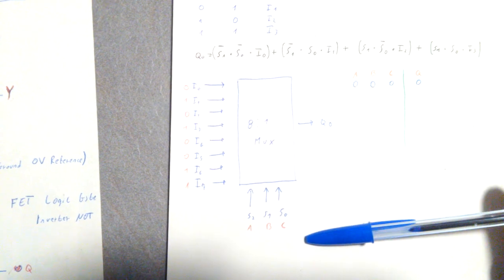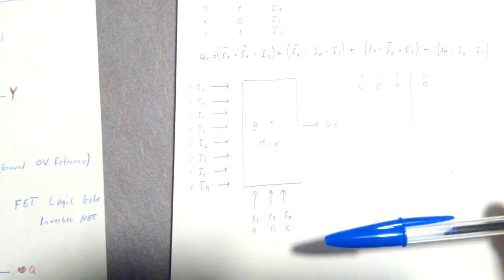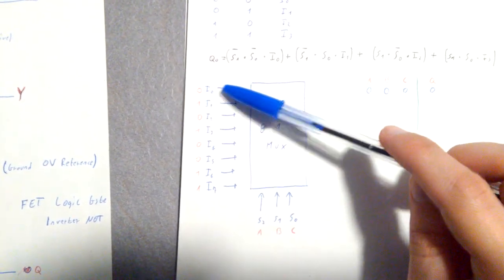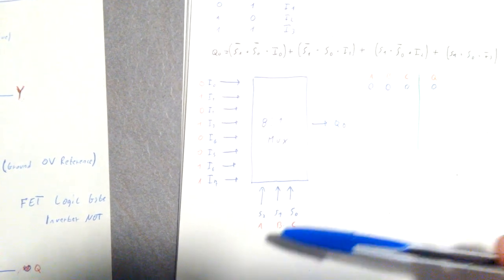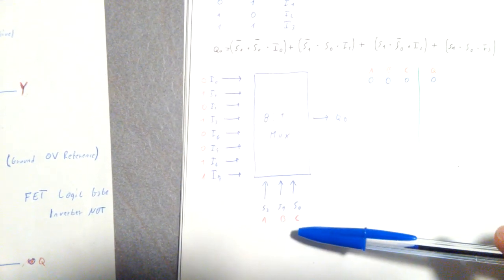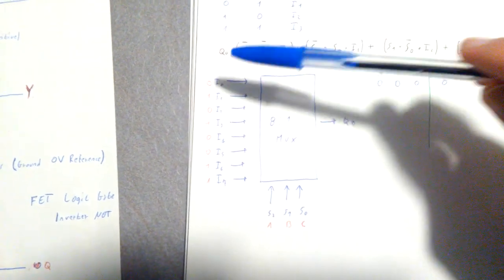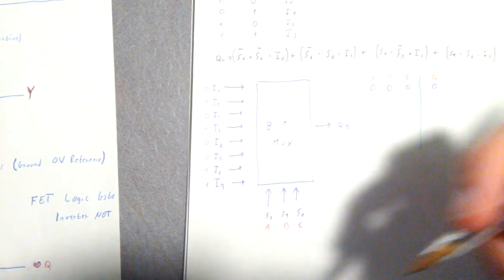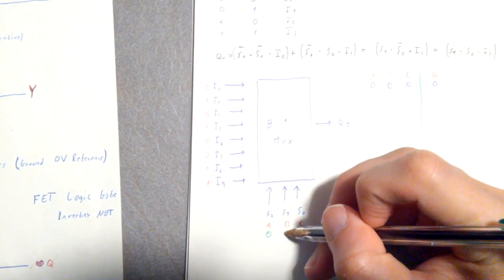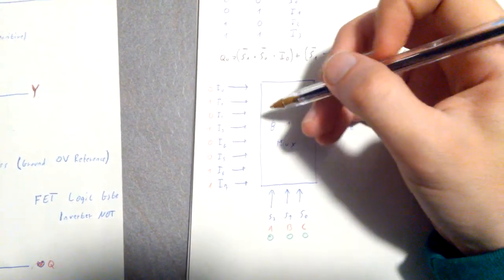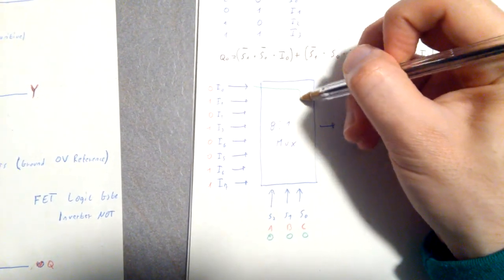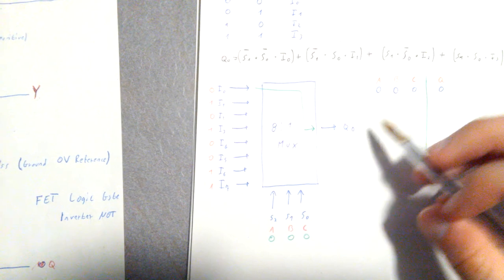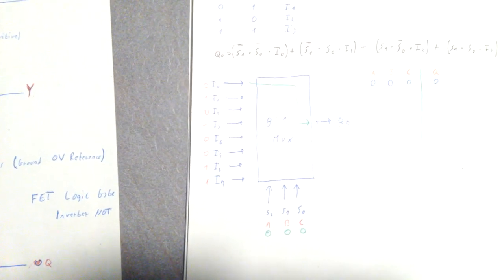Well, I can just assign I0 as 0, and say, okay, if A is 0, B is 0, C is 0, then I'm just going to have I0 going to the output.